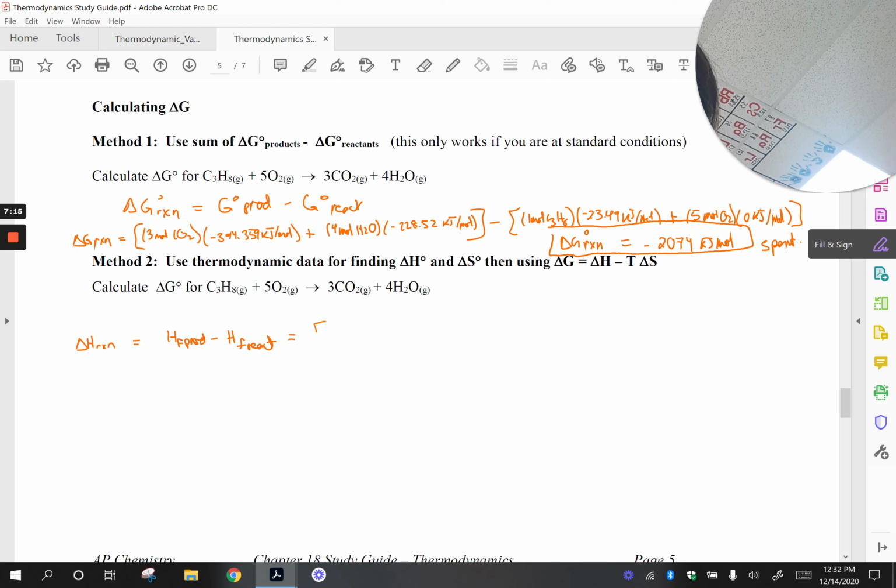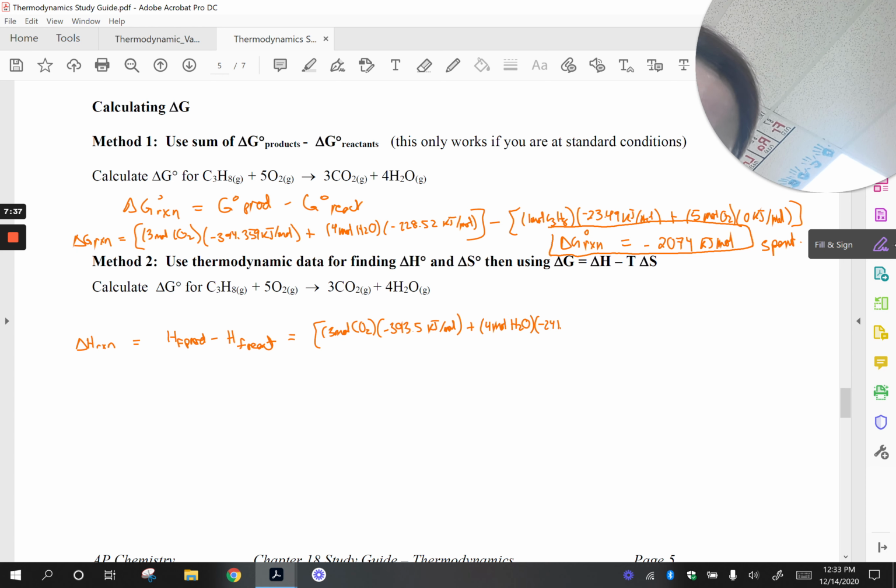And so I'm going to start with my products. I have 3 moles of CO2, 393.5 kilojoules per mole, plus 4 moles of H2O, 241 kilojoules per mole.